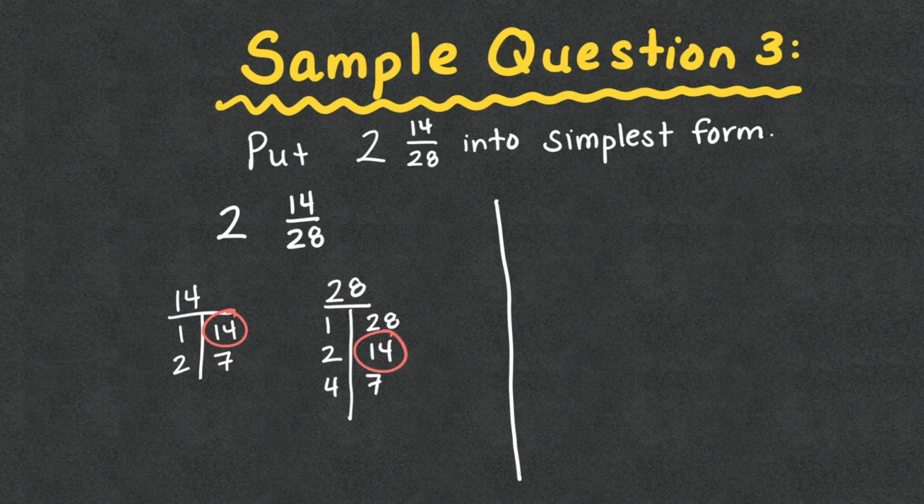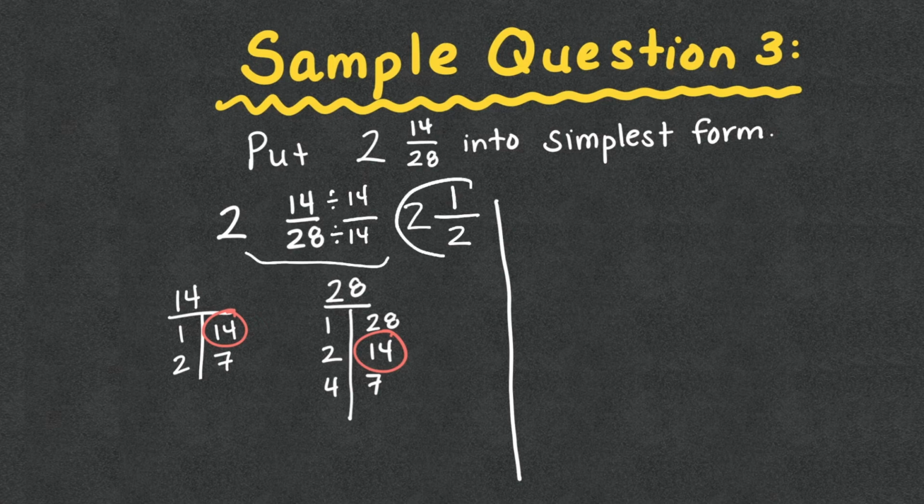So if we take 14/28 and we divide both pieces by 14, we have 14 divided by 14 is 1, 28 divided by 14 is 2, and then we bring this 2 over, so we're left with 2 and 1/2.